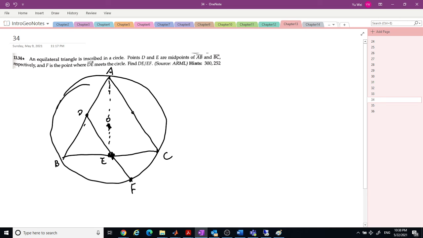And if we put J here, we also put the midpoint of J. Now we know O is the center of ABC, also the center of DEJ.